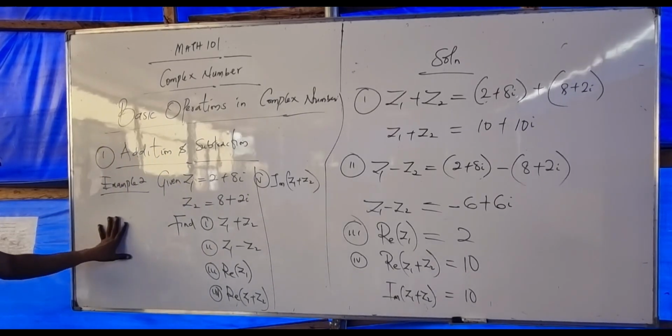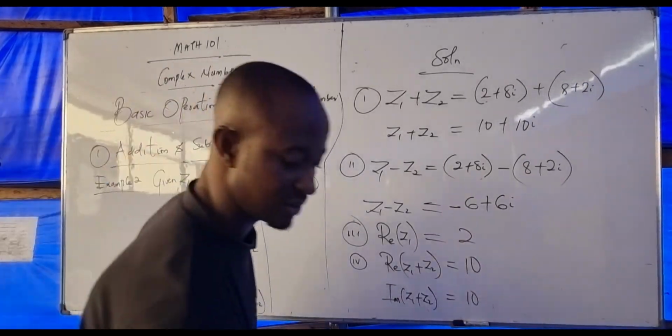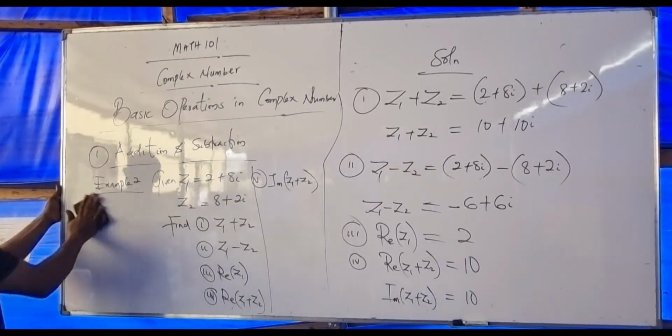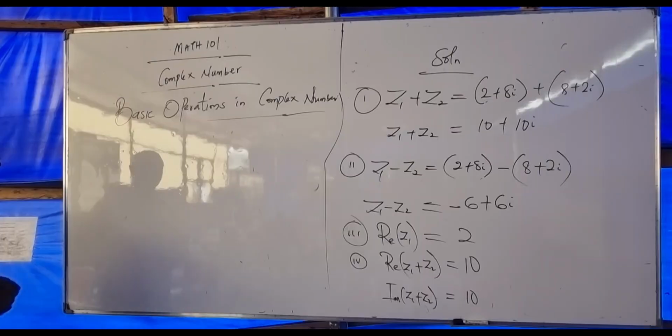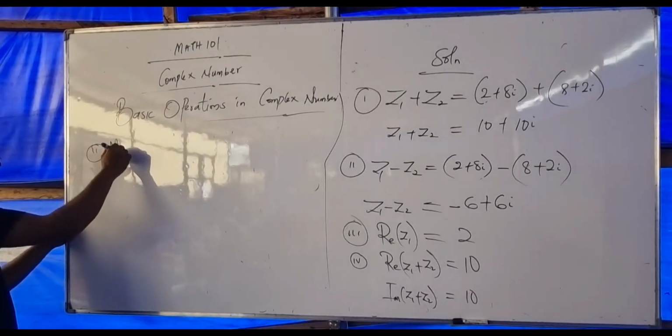Number 2 is what there? Multiplication, right? And we saw they are in how many forms? 2 forms, right? Okay. Number 2, multiplication.